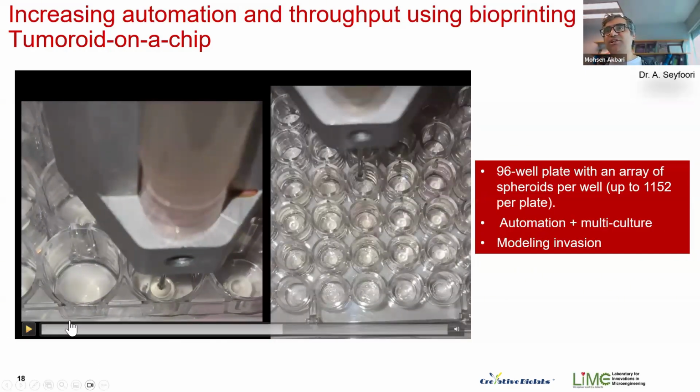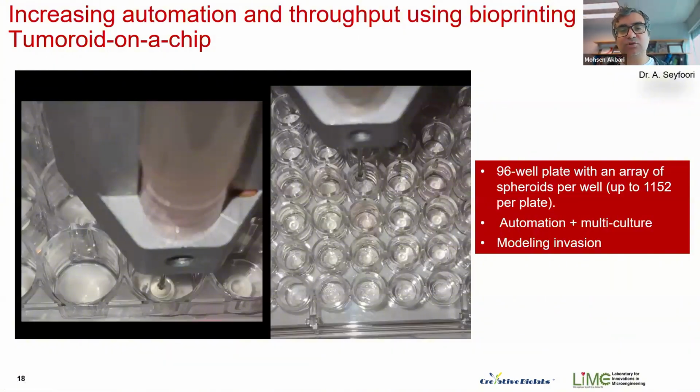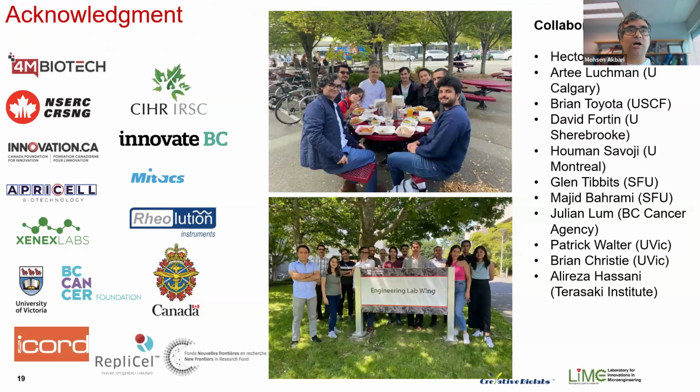This way, he was able to generate arrays of spheroids or tumoroids, up to 1,100 arrays per plate, using this automated system, which also enabled him to deliver multiple cells to create multi-culture systems, and to model invasion.